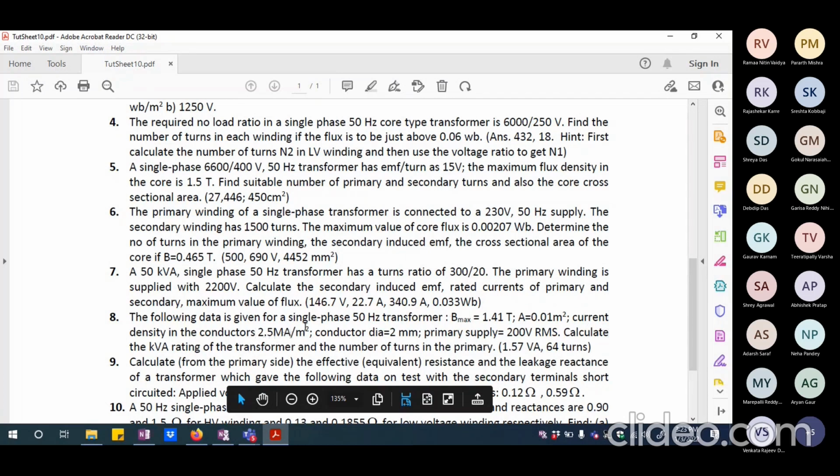Current density in the primary and secondary winding conductors is 2.5 mega ampere per meter square. Conductor diameter is 2 millimeter. Primary side supply is 200 volt RMS. Calculate the kVA rating of the transformer and the number of turns in the primary.